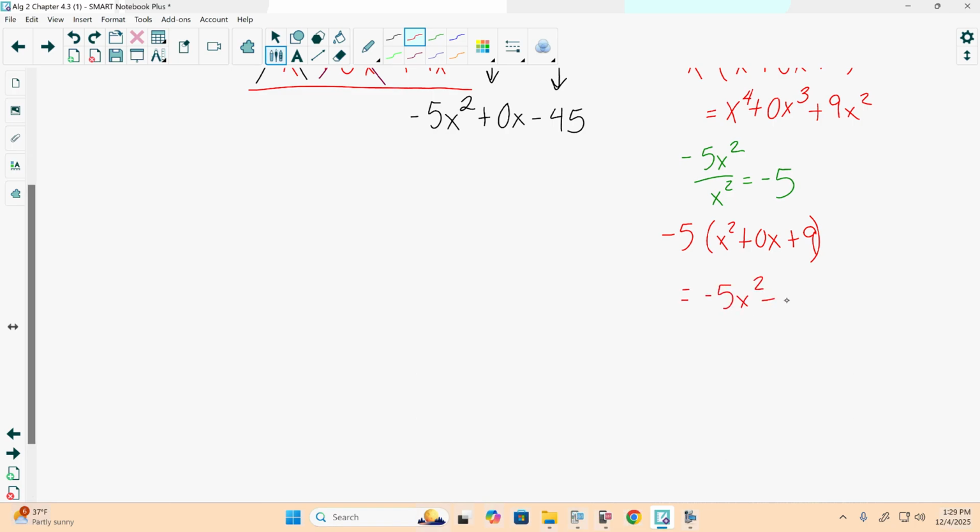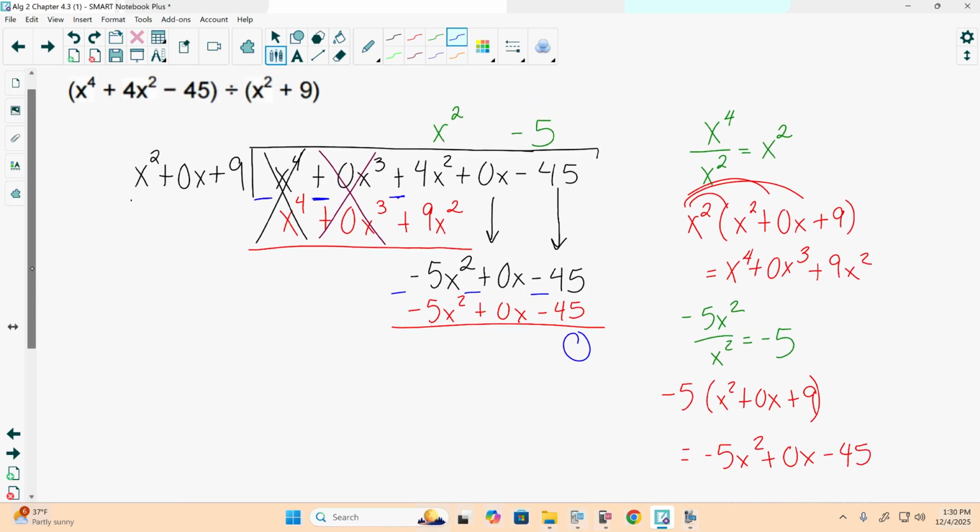Giving us negative 5x squared plus 0x minus 45. And it will indeed be 0.